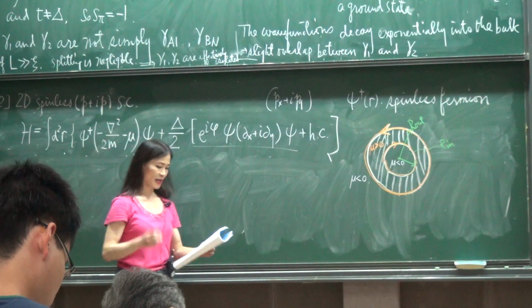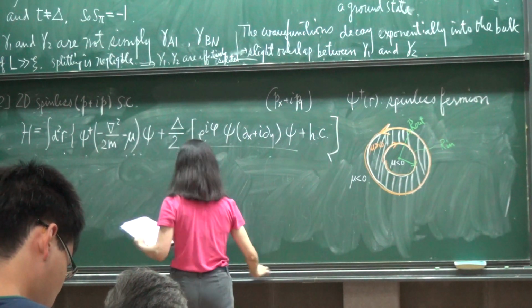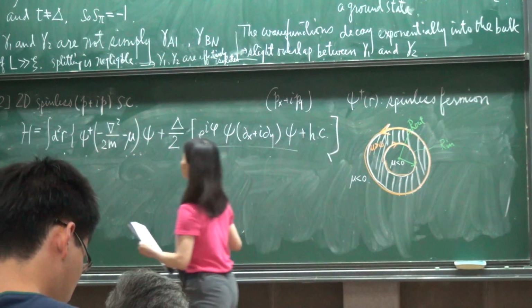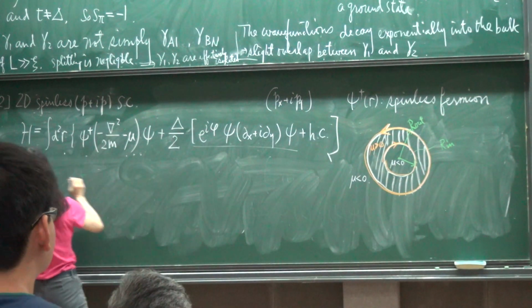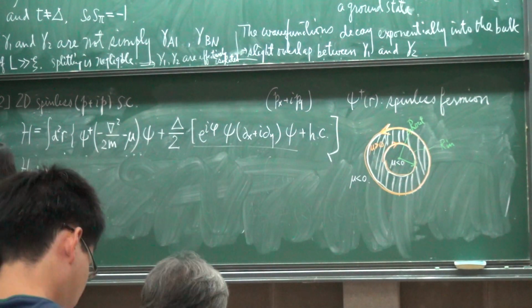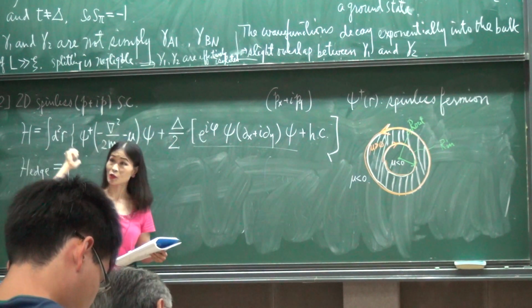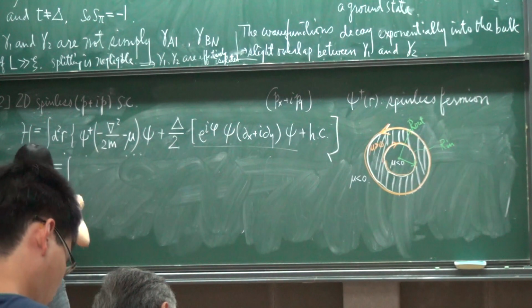When you solve the Hamiltonian for this situation, I will write my Hamiltonian now for the edge states. So this is the total Hamiltonian for the bulk. If I write it for the edge, of course, I will use cylindrical coordinates for convenience.